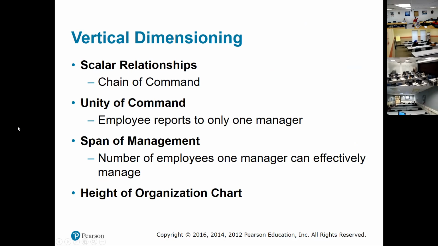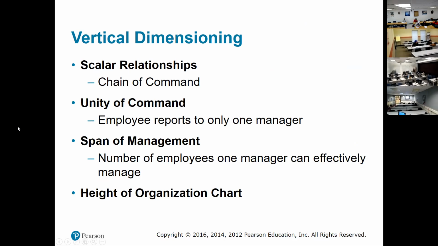The number of employees one manager can effectively manage is called a span of management. How many employees can one manager effectively handle? Of course, different companies will have different numbers there because of the different types of businesses. The height of the organizational chart can make a big difference.